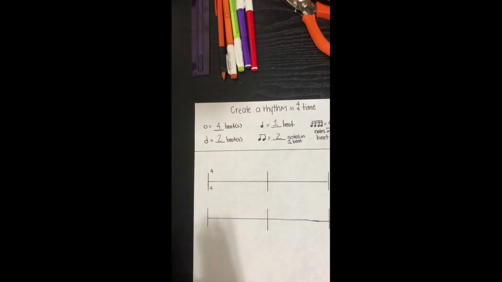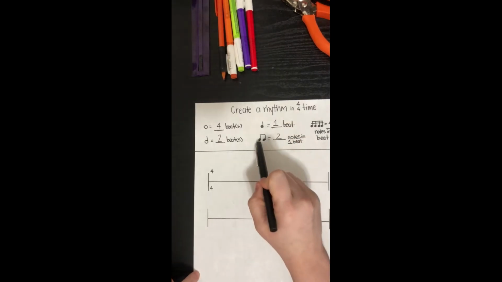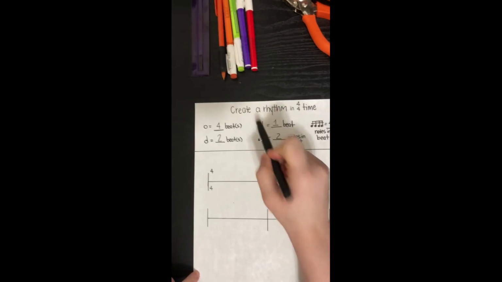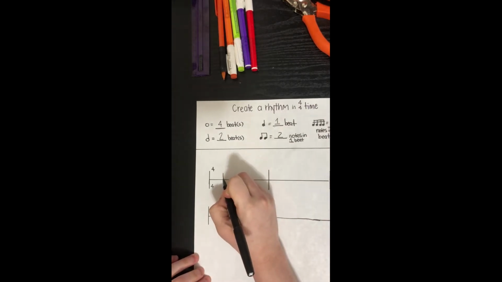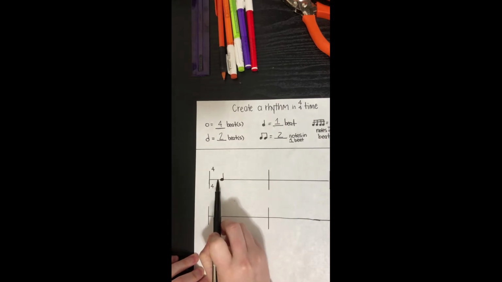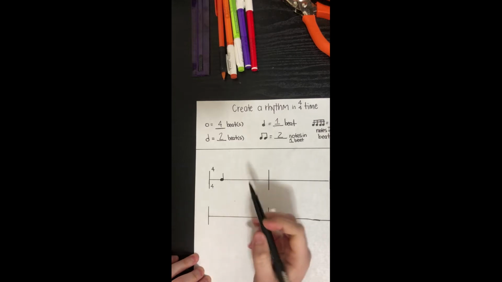That's going to be a quarter, 8th note pair, quarter, quarter. Let me go ahead and draw that. Looks like this. Make sure that the line of your quarter note goes right through the center of every single note that you draw.